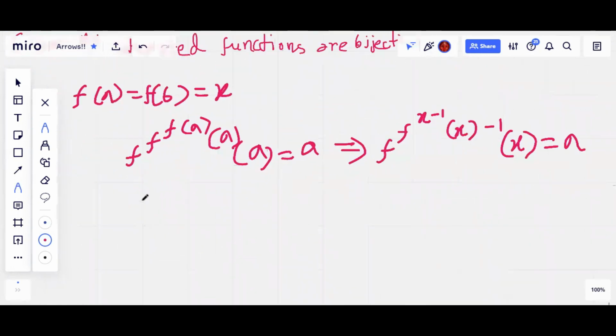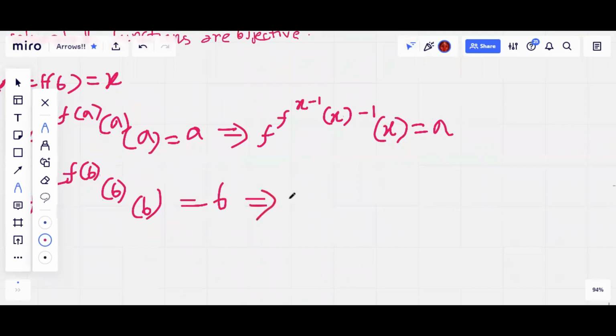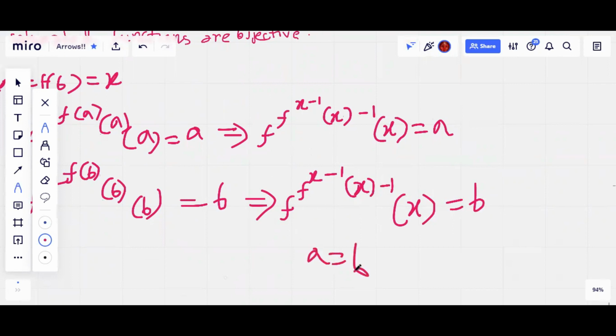Now similarly, we have for b, and both of them are the same. So it must happen that a equals b. So this is indeed injective.